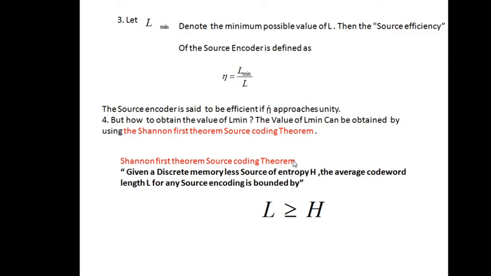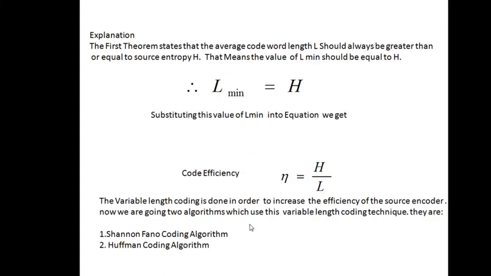For a given discrete memoryless source of entropy H, that is average information, called entropy, the average code word length for any source encoding is bounded by this relation: L is greater than or equal to H, meaning the average code word length is greater than or equal to the entropy. By using this equation we can find L minimum.